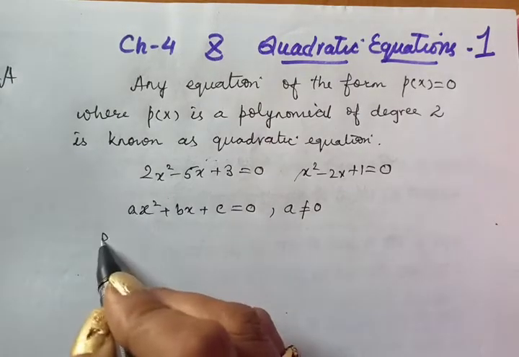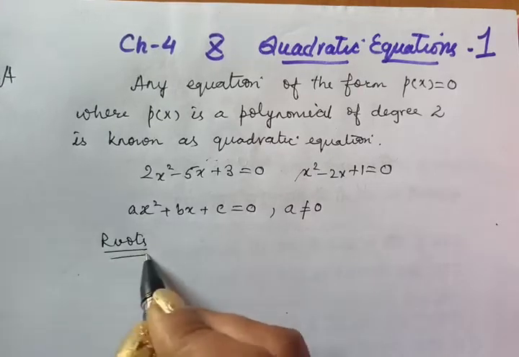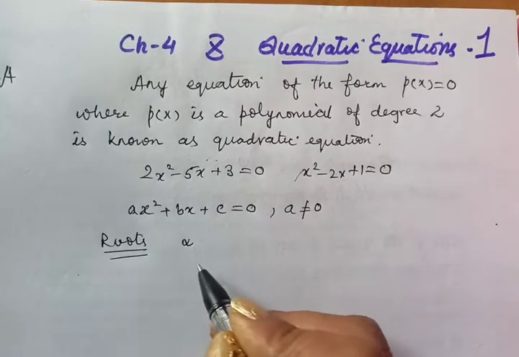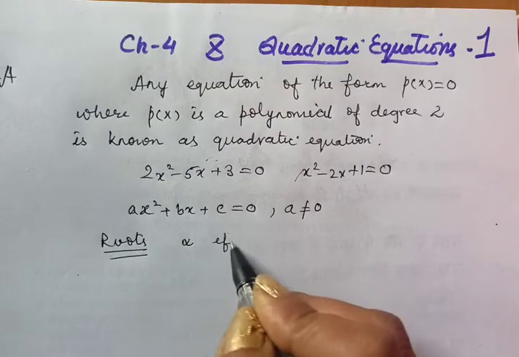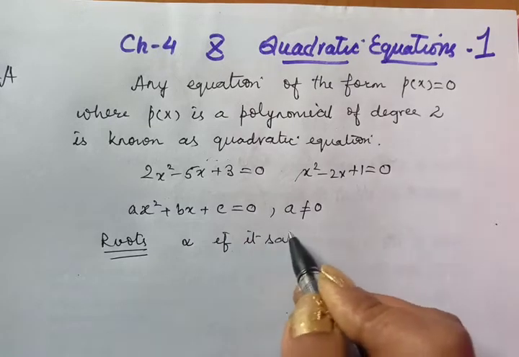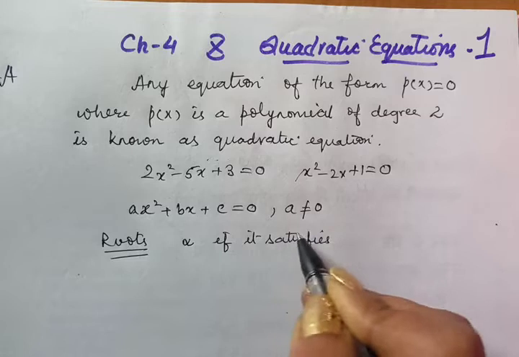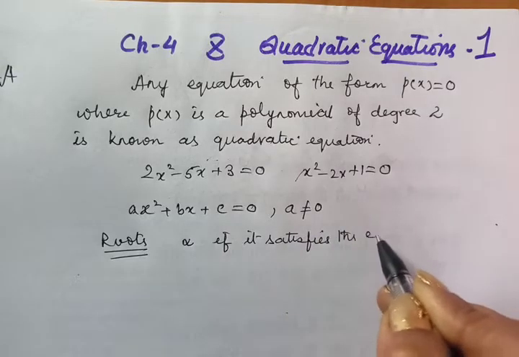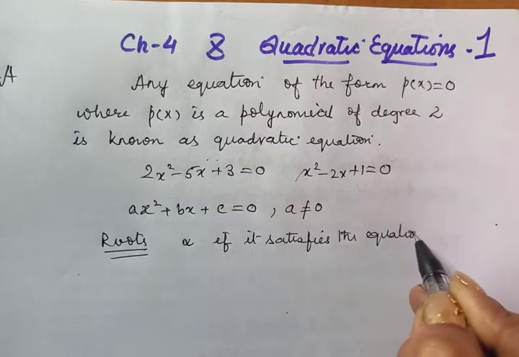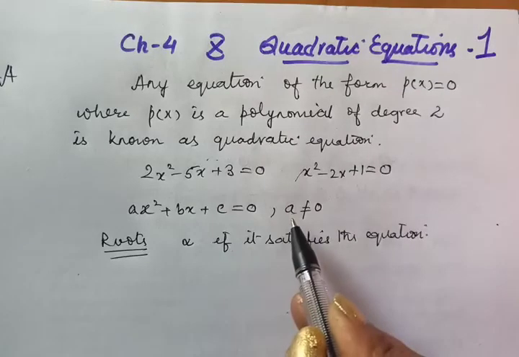Now let's see what are the roots of a quadratic equation. So any real number alpha is a root if it satisfies the given equation. Means what? कि अगर हम उसको put करेंगे equation में तो LHS should be equal to RHS.